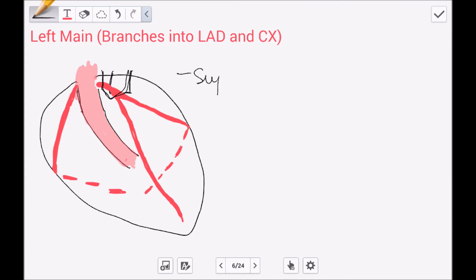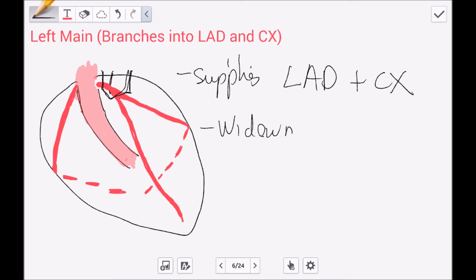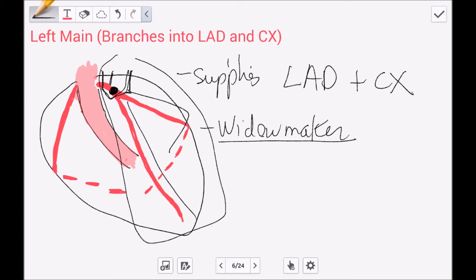So it supplies the left anterior descending plus the circumflex arteries, and when this little portion here gets blocked, it's a very dangerous heart attack that we call the widowmaker, because once this part is blocked, as you can see, you will have no perfusion to this side, neither to this side, and all this part of the heart will eventually become ischemic and die, right? So it's very deadly.